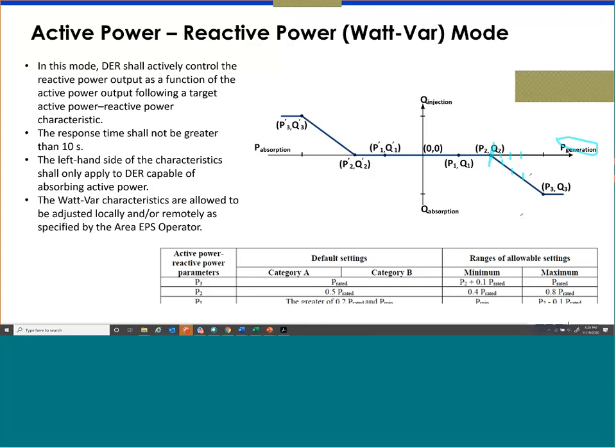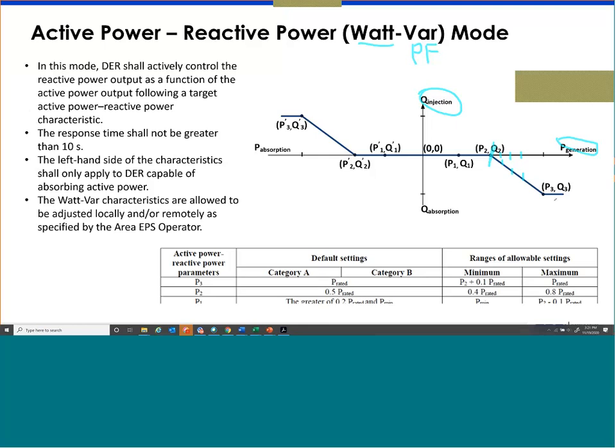So that's what this function means, and this is a reactive power function. There's another function known as watt power factor, which was in the German grid code, but we decided not to include that in 1547. In that case, the y-axis would be power factor rather than vars, the x-axis exactly the same, and the same idea: up to a certain power level the power factor will be unity, and then you will have an absorbing power factor.